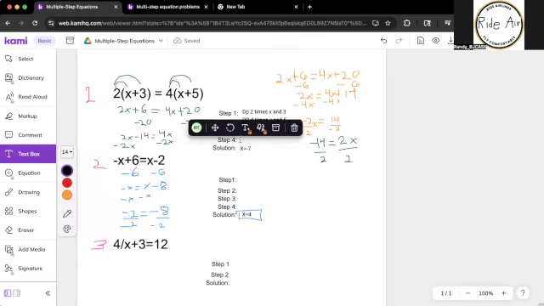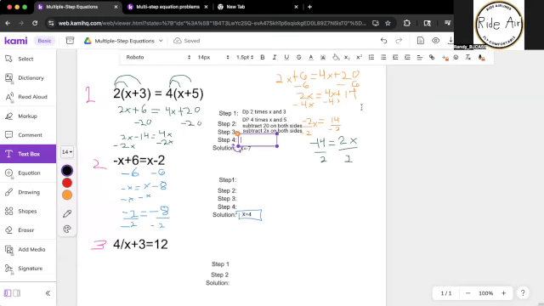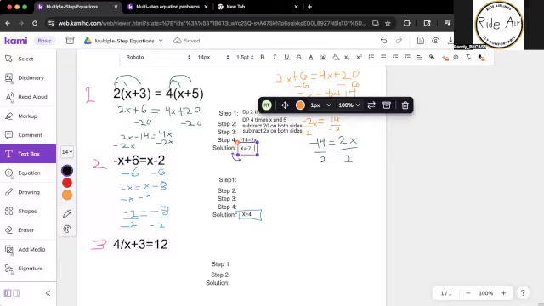Now my final step or concluding statement will be negative 14 is equal to 2x. Either way, you can do x equal to negative 7 or negative 7 equal to x.